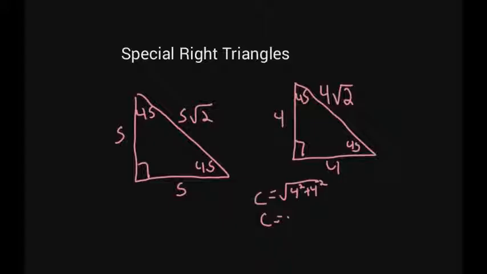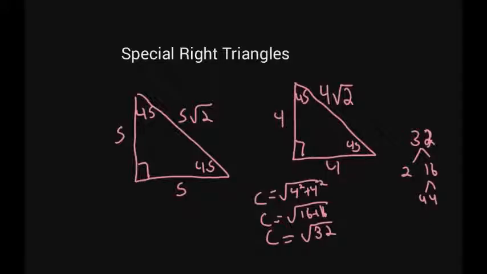So C would equal the square root of 16 plus 16, so C would equal the square root of 32. Factor 32 to be 2 times 16, and 16 is 4 times 4. So I can take that 4 out, so that would be 4 square roots of 2.